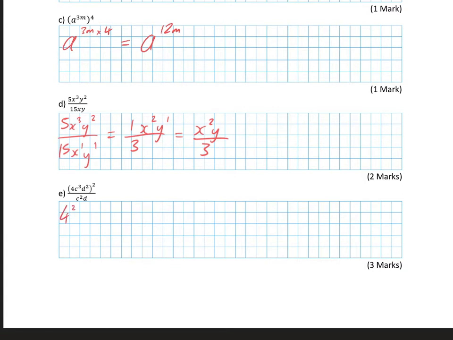So 4 squared times c to the 3 times 2 times, I don't need to write the times, and d to the 2 times 2, over nothing happening on the bottom, but I'm going to remind myself that it's d to the power of 1. 4 squared is 16, c to the 6, d to the 4, over c to the power of 2, d to the power of 1. 16 doesn't cancel at all, but 6 take 2 is going to be 4, and 4 take 1 is going to be 3. 16, c to the 4th, d to the 3rd.